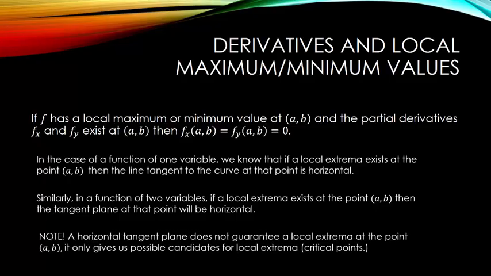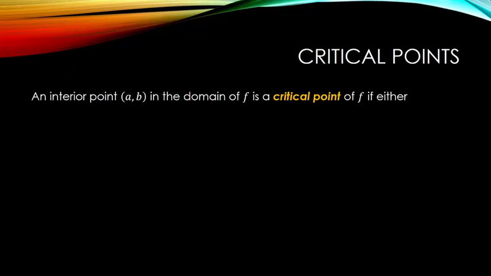Now, it's important to note that the presence of a horizontal tangent plane does not guarantee a local extrema at that point. It only gives us a possible candidate for local extrema, or critical points. So we need to locate all the critical points and then test whether or not each happens to coincide with a local extreme.